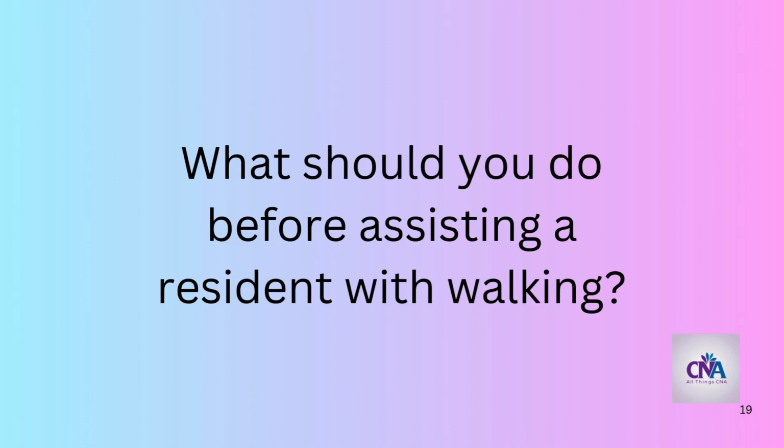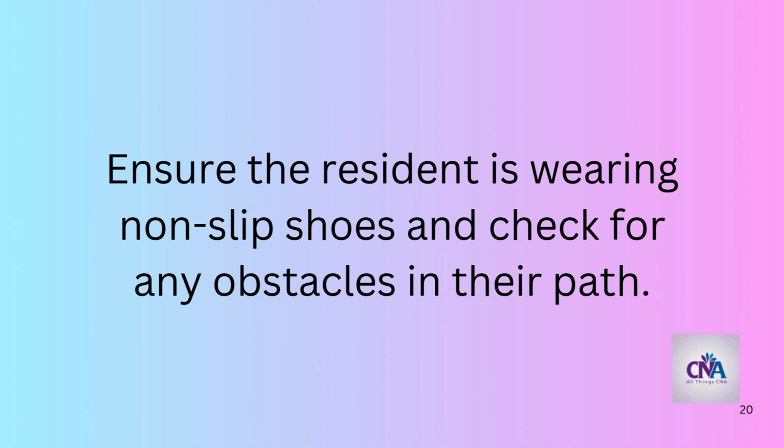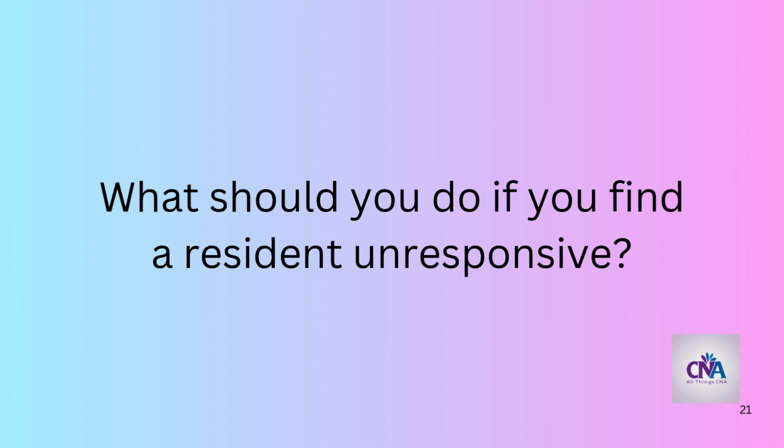Question: What should you do before assisting a resident with walking? Answer: Ensure the resident is wearing non-slip shoes and check for any obstacles in their path. Question: What should you do if you find a resident unresponsive?